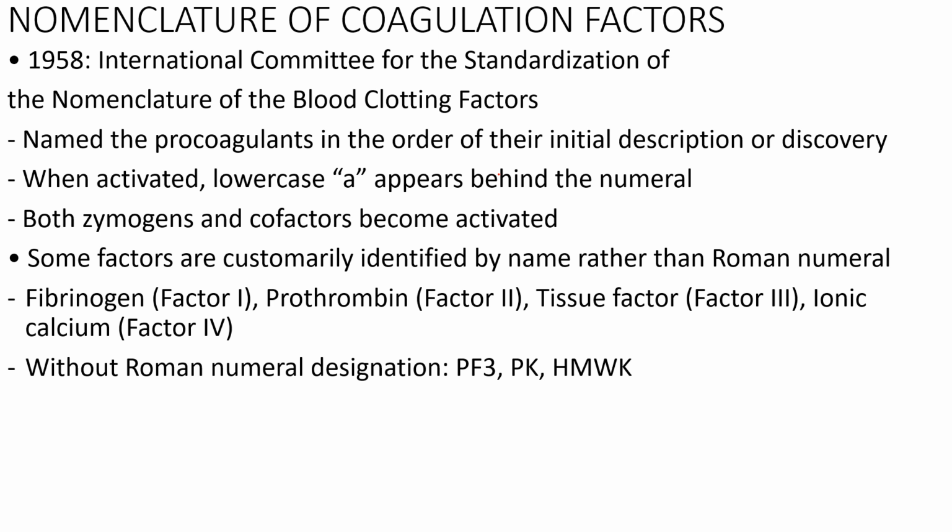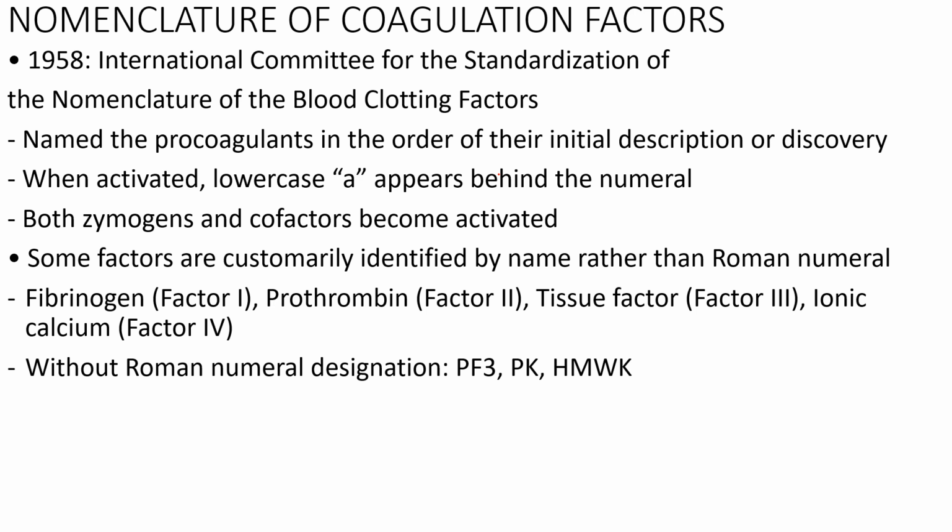So technically, class, your coagulation factors are named using Roman numerals. But there are certain factors that use the normal name. Examples would be fibrinogen, which is factor 1, prothrombin, factor 2, tissue factor, factor 3, ionic calcium, factor 4.